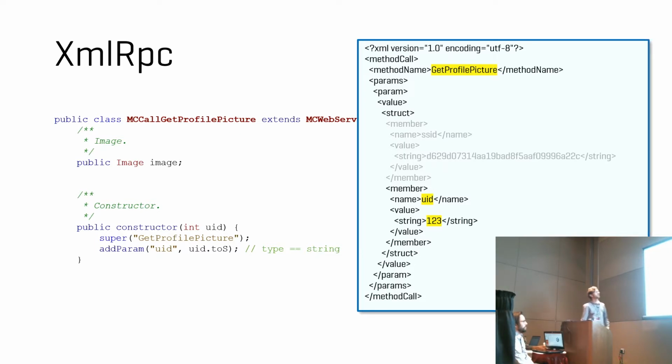A couple of things to notice is that it is typed, for instance. So the first argument to the function, if you just ignore this SSID, is a string, and if you pass something else than a string here, you can get an error response from the server saying that this is a type error.